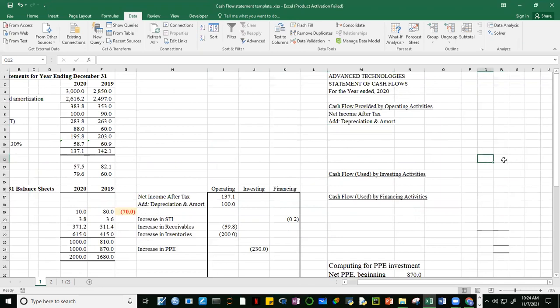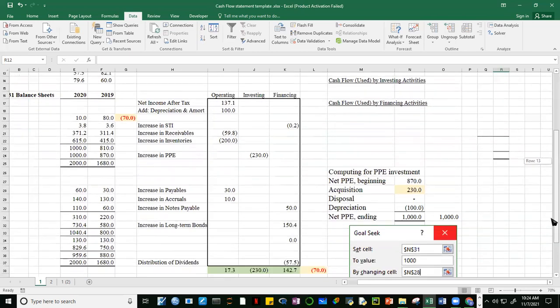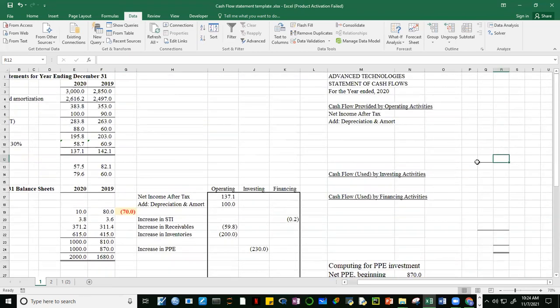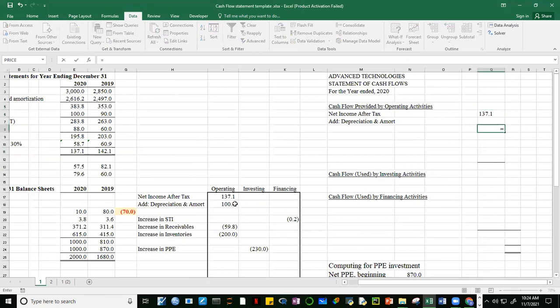Okay, because we want the total to be here. Okay, so this is equal to, you can just copy from our pro forma. Here. And then add depreciation and amortization. Should be here.